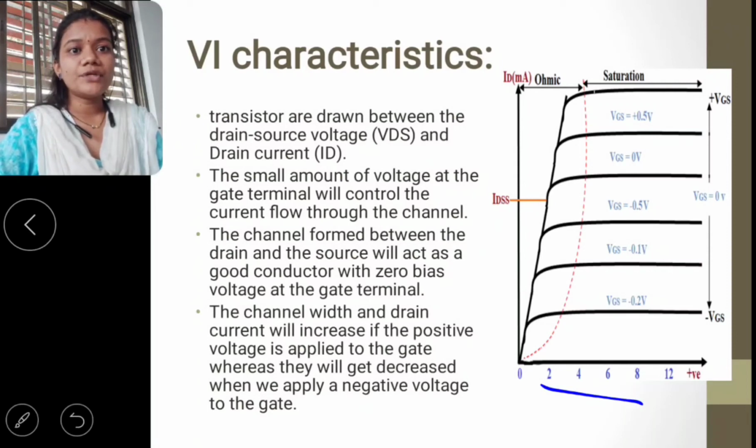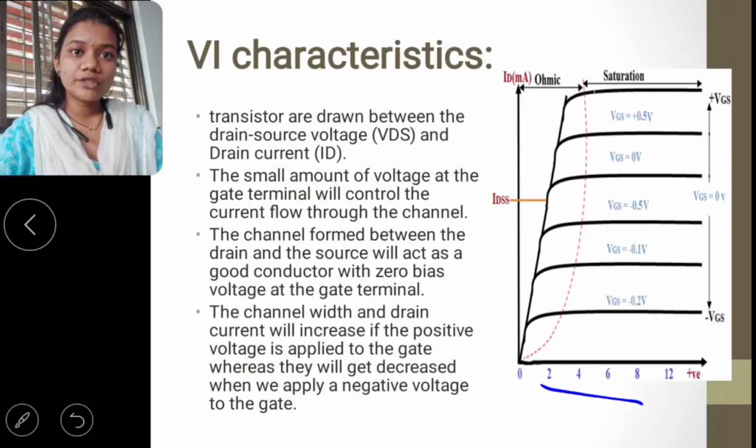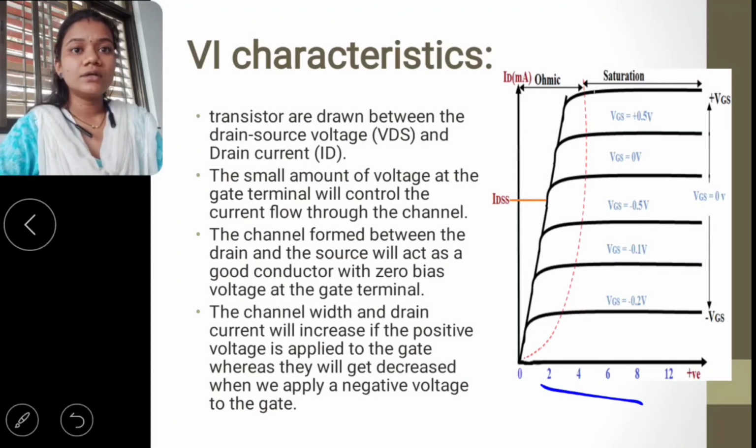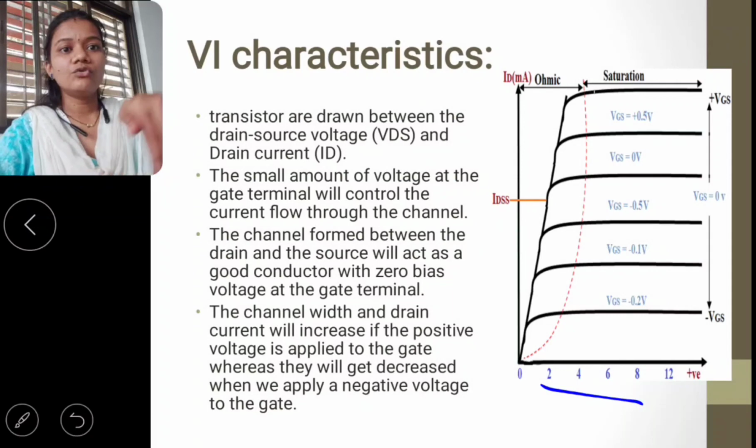The channel formed between the drain and source will act as a good conductor with zero bias voltage at the gate terminal. The channel width and drain current will increase if positive voltage is given to the gate terminal, the depletion region width also increases and ID starts flowing.